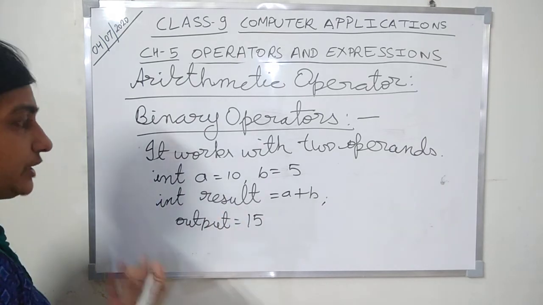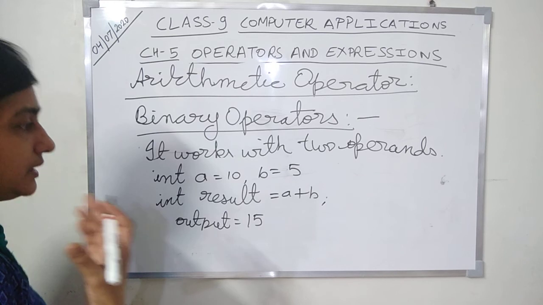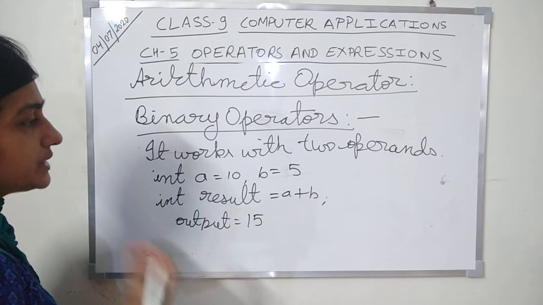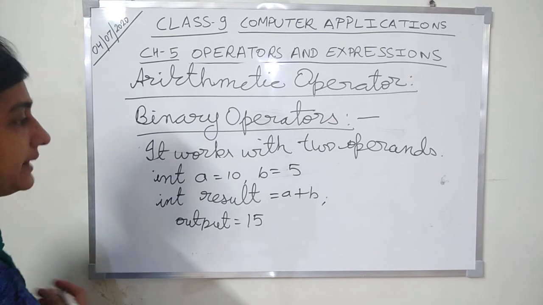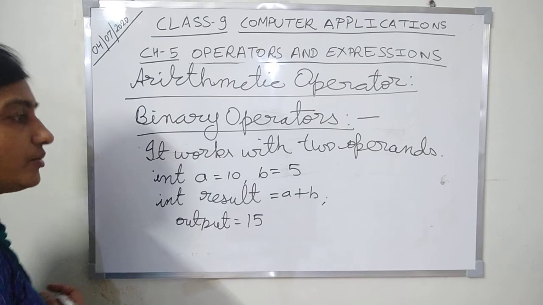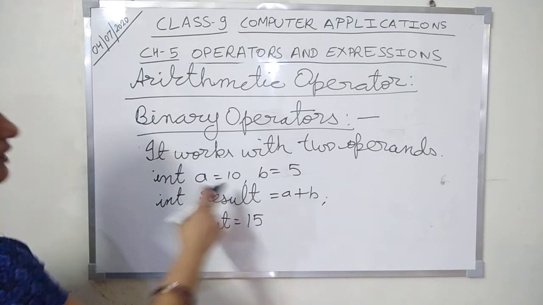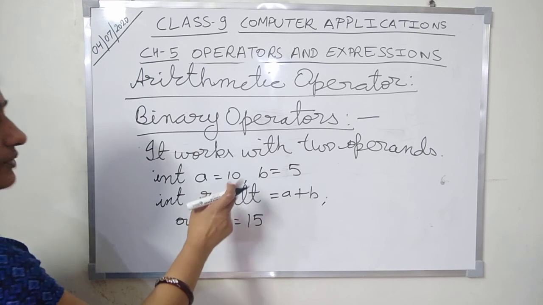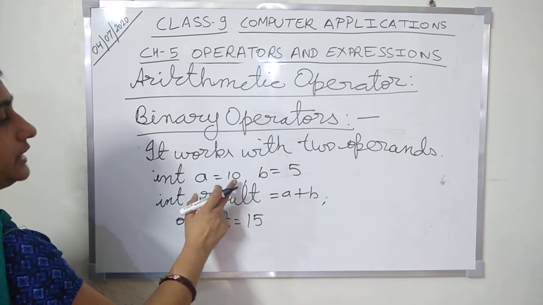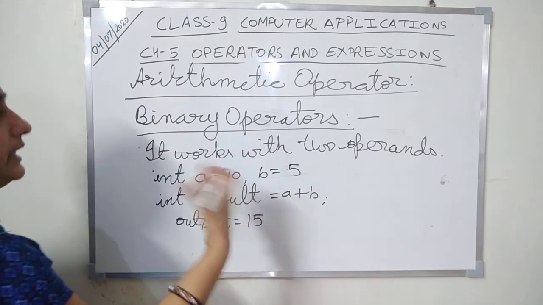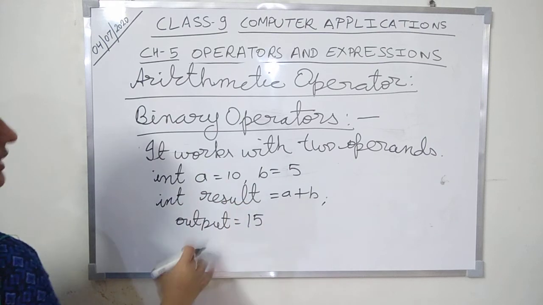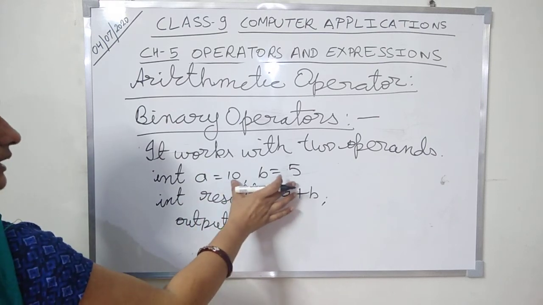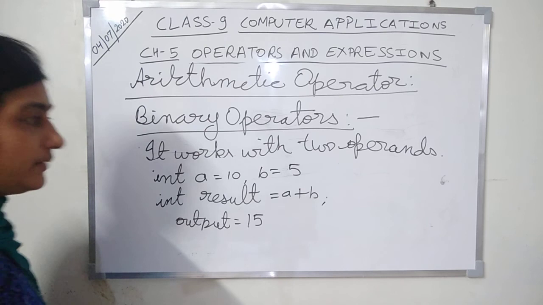But suppose we are adding two numbers, but we use these numbers as strings. How can we make it in the form of a string? I explained to you last year also and this year also in the previous term, if we write any number or any alphabet within double quotes, it will be a string.